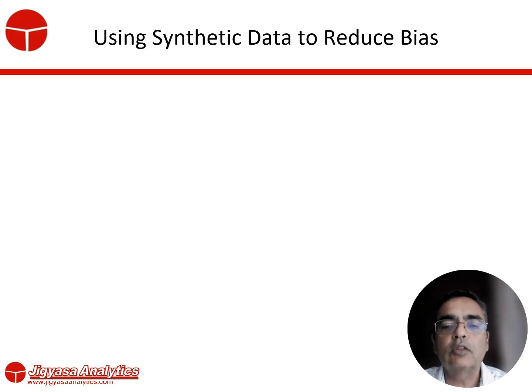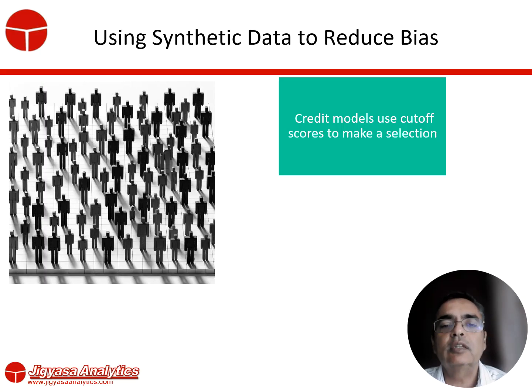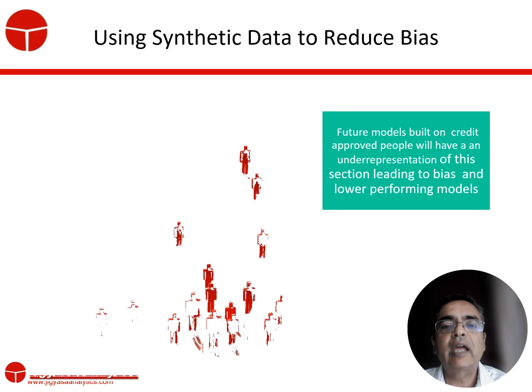Let me now talk to you a little bit about how synthetic data can help reduce this bias. So, when we use a credit model, we use a cutoff score to make a selection. Now, because of this, a section of the universe gets rarely selected. And so any future model we build on the credit approved people will have an underrepresentation of this section.